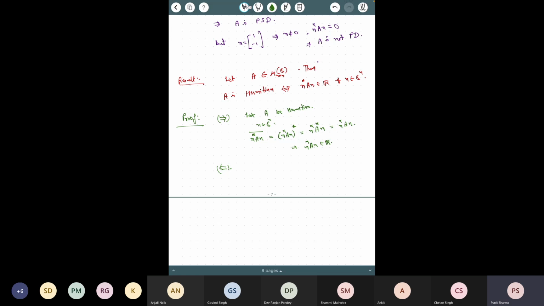If the entries of A are denoted by Aij, our claim is to show that A is equal to A star, or equivalently, Aij is equal to Aji bar, for all i and j.